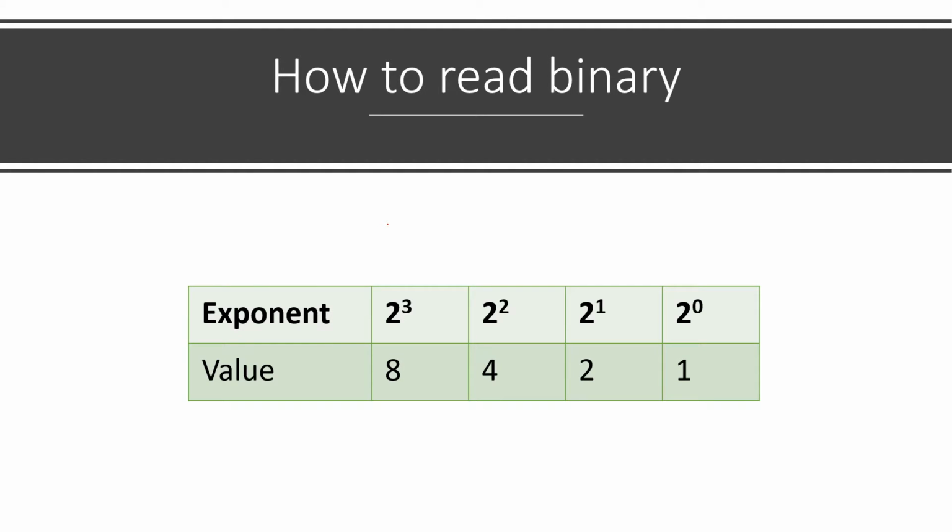Now that we've seen some examples, I hope this slide makes a little bit more sense of how each position holds a specific value. And so that brings me to what the exponent is up here. One of the ways to calculate what the value is going to be in a particular position is to take the base, which is going to be 2 in this case, and raise it to the power of the current position.